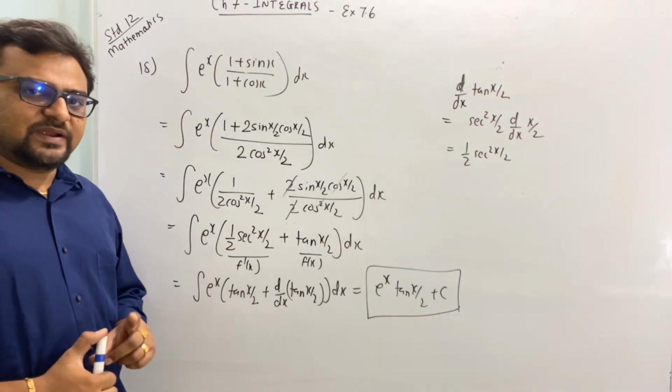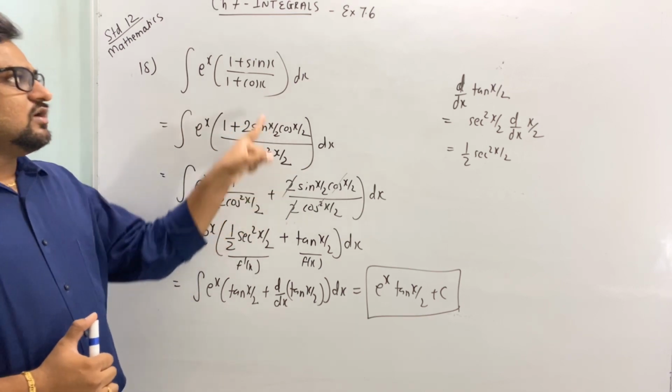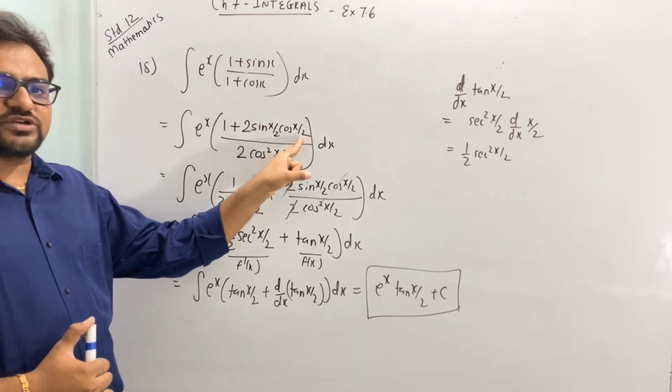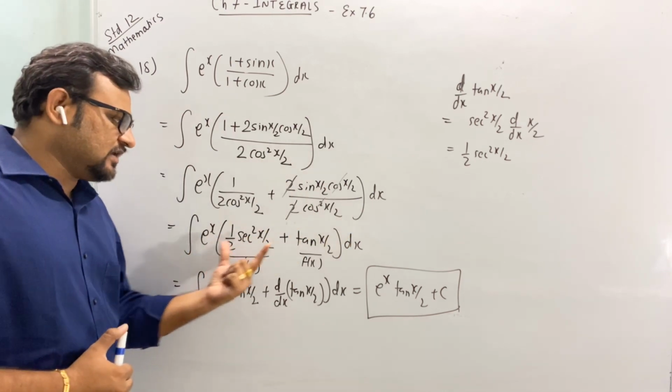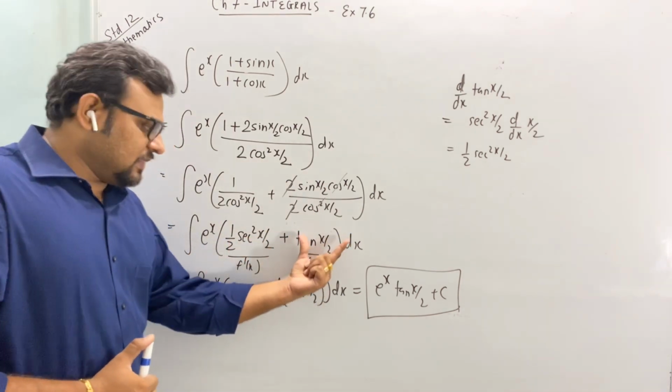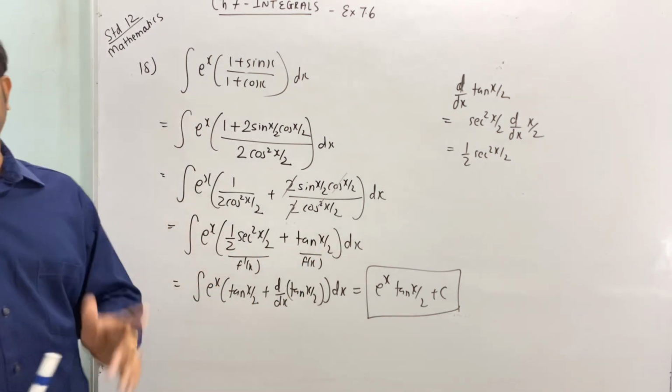Okay, see, I am repeating what I had done. 1 plus cos x is 2 cos square x by 2, and 1 plus sin x is 2 sin x by 2 cos x by 2. I split it, I get 1 by 2 sec square x by 2 and tan x by 2. And then one is f(x), another is f'(x). Okay, so just go through this question.